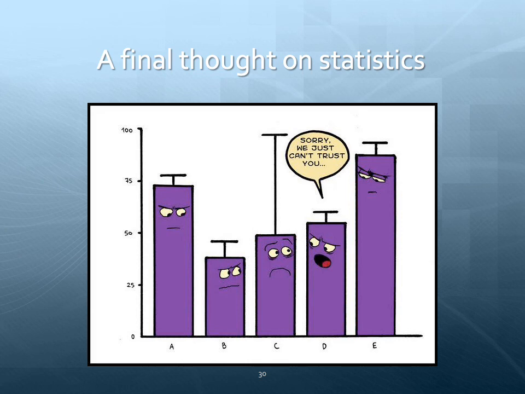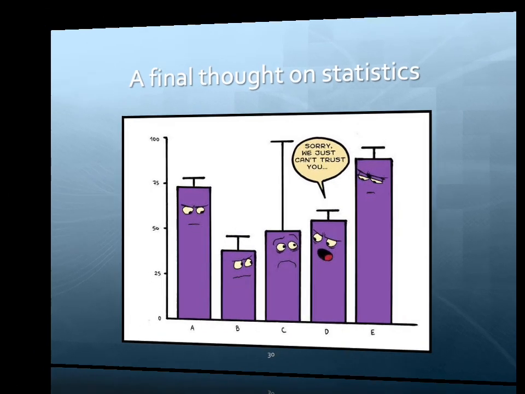Those of you that understand statistics, this will make sense to you. Those of you that don't, basically see that because of that range of data, you don't trust it, with that long tail up the top there. I know, it's just a statistical joke.